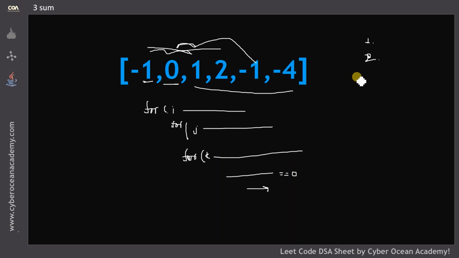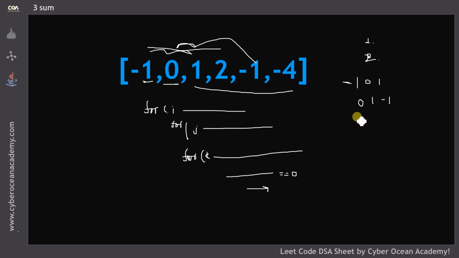So you can see that -1, 0, 1 is one triplet. Simply you can say 0, 1 and -1.